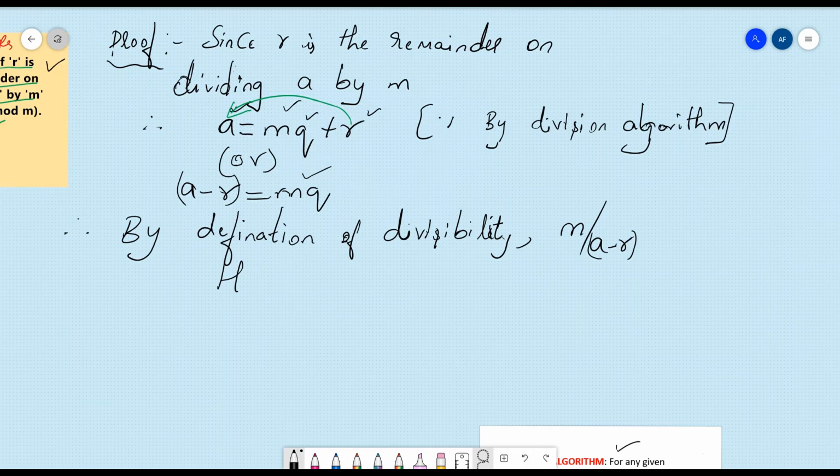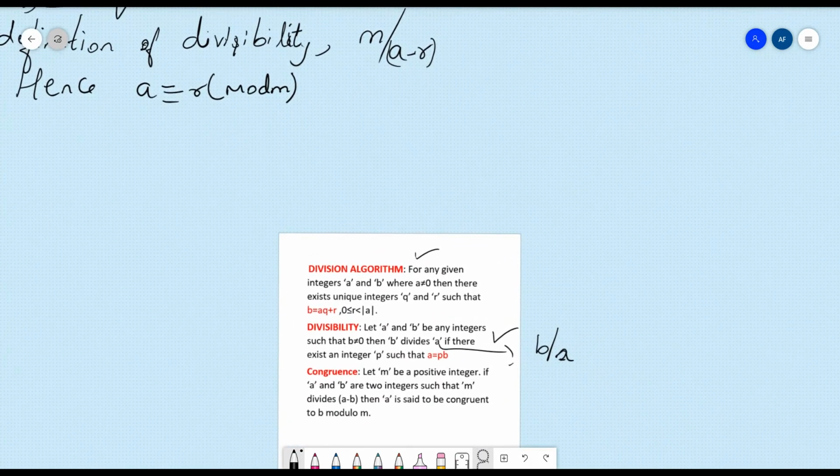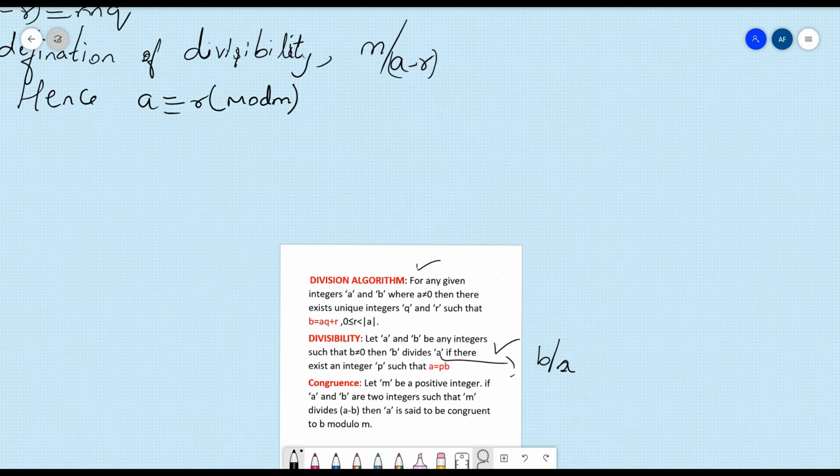Hence a is congruent to r mod m. Again, with the definition of congruency, you can write down this one. You can see here I have written, let m be a positive integer, if a and b are any two integers such that m divides a minus b. This is very important.